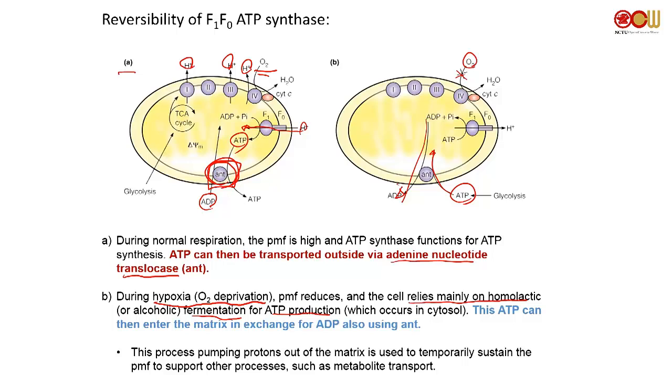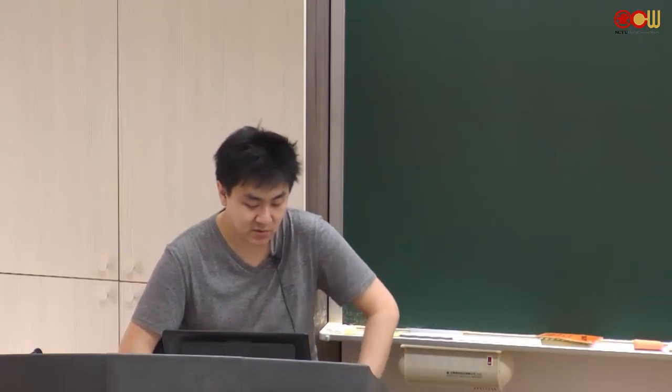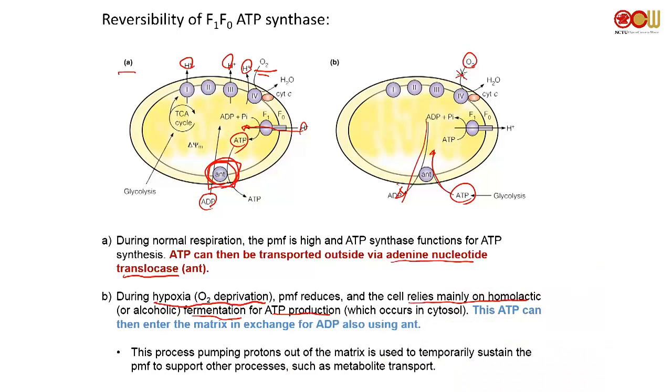Make sense? And this process, pumping protons out of the matrix, is used to temporarily sustain the proton motive force to support other processes, such as metabolite transport. A lot of times, even though you don't have O2, you still need to generate a proton gradient. So here, what it shows is that you bring ATP into the matrix of the mitochondria, and then you do the reverse of ATP synthase, so that you generate and maintain a proton gradient.